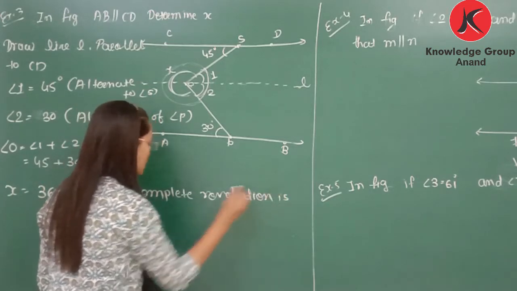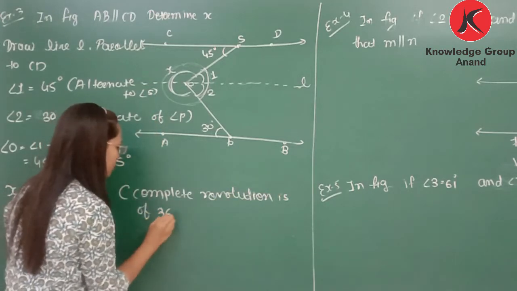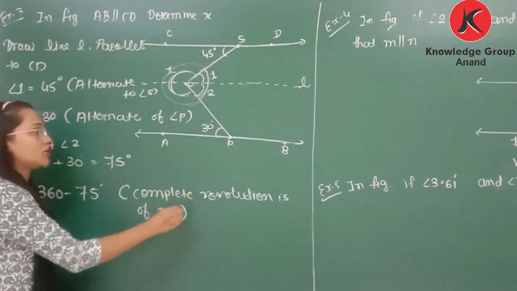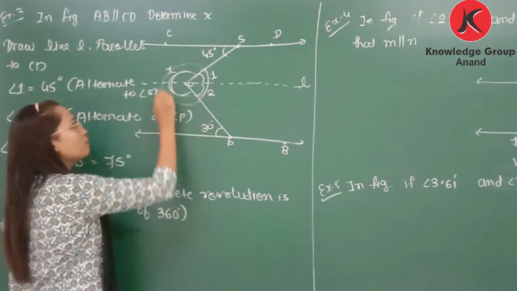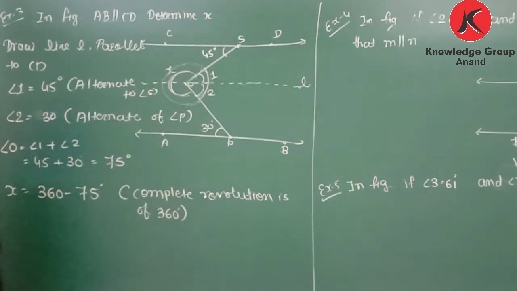A complete revolution is 360 degrees. So if this part is 75, we can find the exterior part by subtracting it from 360. So X is equal to, perform the subtraction, 285. So X will be 285.